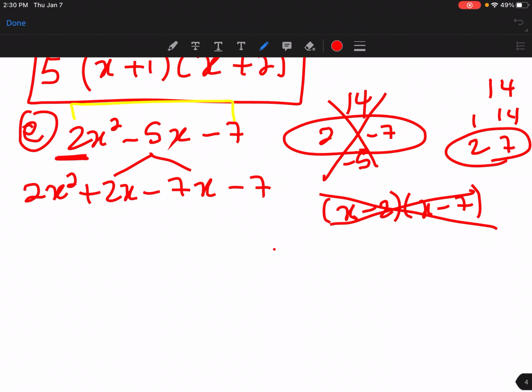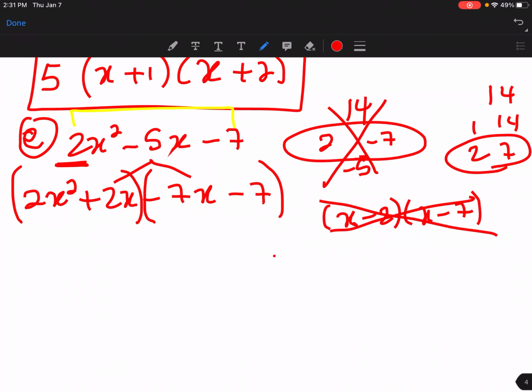What that means is that you're going to group your first 2 terms together and your last 2 terms together. Then we're going to see if there is anything we can factor out from the first term. I can see that they both have 2x, so I'm going to factor out 2x. Once I factor that out, I'm left with x plus 1. On the second term, they both have negative 7, so I'm going to factor out the negative 7. Once I do that, I have x plus 1.